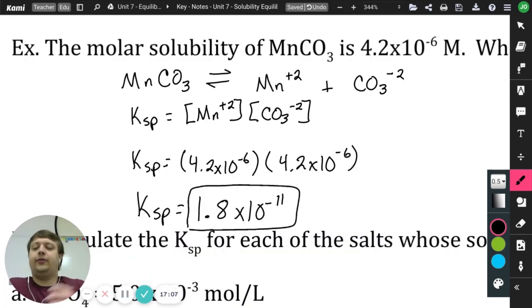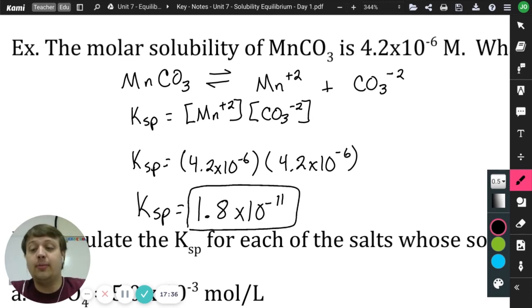All right, so here is what you should have ended up with. So you should have found that your KSP was equal to 1.8 times 10 to the negative 11. How did I get there? So first thing that I did was I wrote my balanced equation. After that, I wrote my solubility product expression, and I found that KSP equals the concentration of Mn2+ times the concentration of CO3 2-.